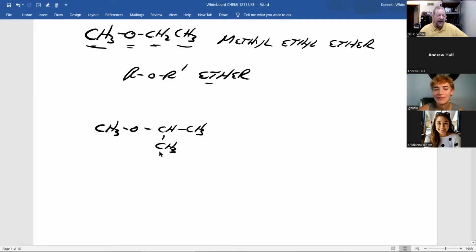So how would you name the common name? Well, what functional group is this? What's different? What's not carbon? What's not hydrogen? Ooh, oxygen. With carbons here, carbons here. One of these I can call R prime, like X and Y, because they're different. And this is an ether. And here we have a methyl group.